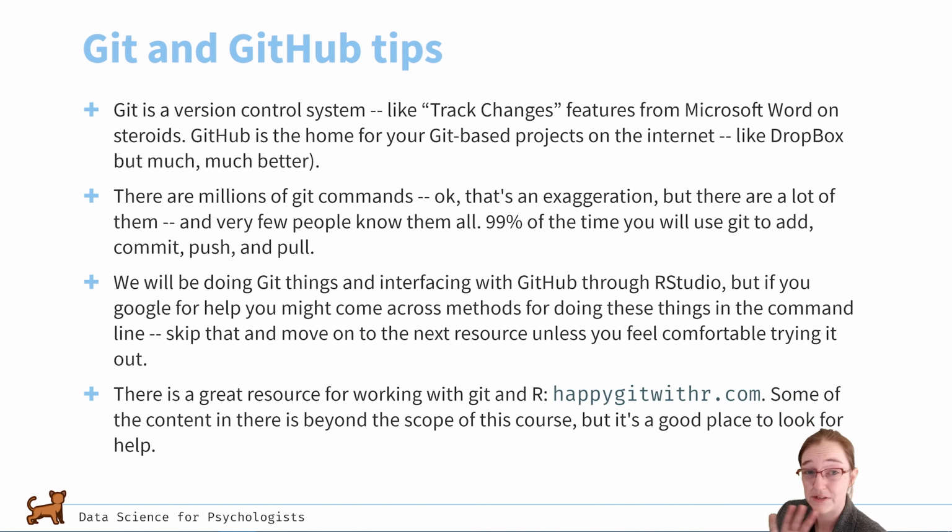Seriously, before we get too much further, there is a fantastic resource that I very strongly encourage you to check out for working with Git and R. It's called Happy Git with R. Some of the contents go way beyond the scope of this course, but it's a really good place to look for help. It's written by Jenny Bryan, who I've attributed to multiple chunks of this class already, because her work is great.